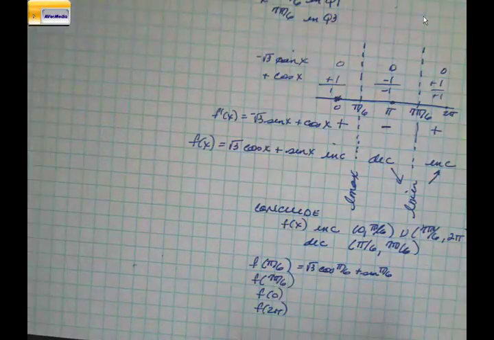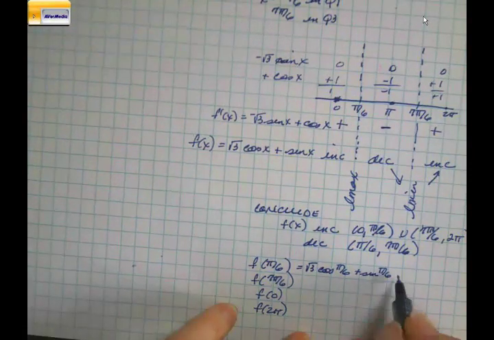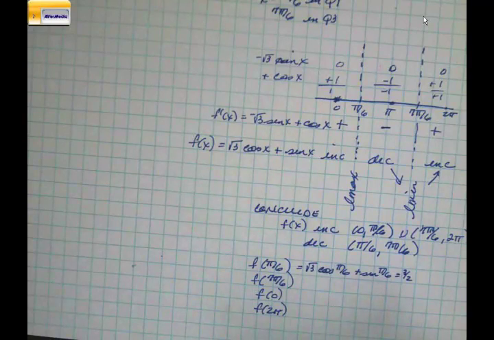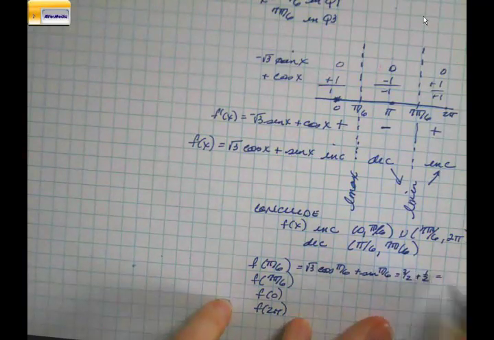Well, cosine of pi/6 is square root of 3 over 2. So that's 3 halves. Sine of pi/6 is 1 half. So that's 4 halves, which is 2.